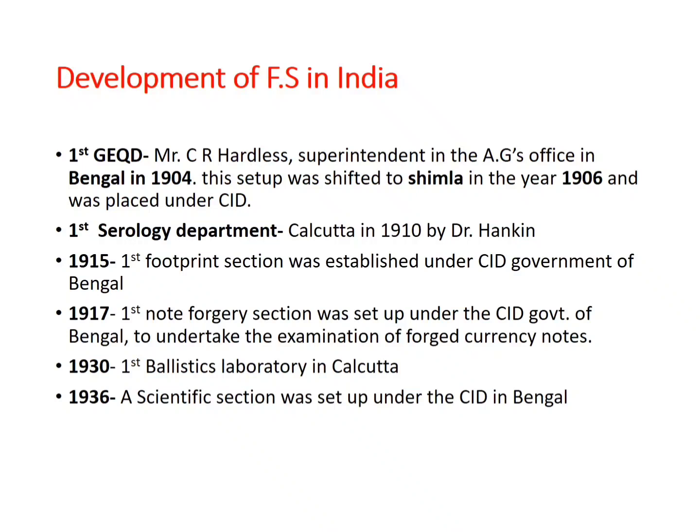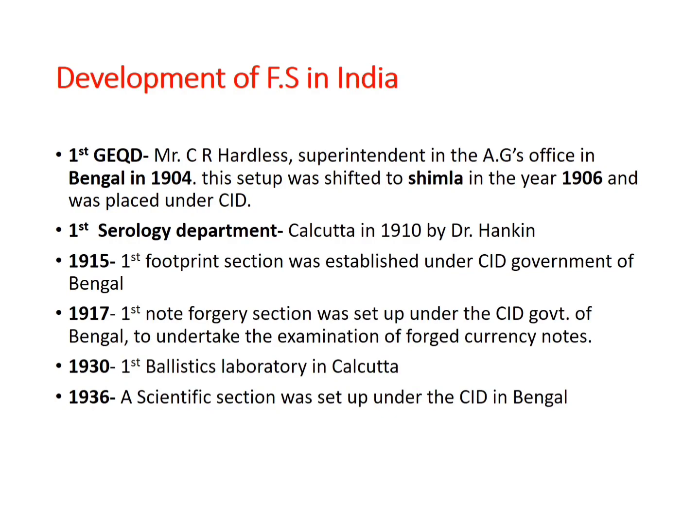Later on, in the year 1917, the first note forgery section was set up under the control of CID, government of Bengal, to undertake examination of forged currency notes. So forged currency notes were very common at that time, due to which this forgery section was established, and it was a remarkable achievement at that time.